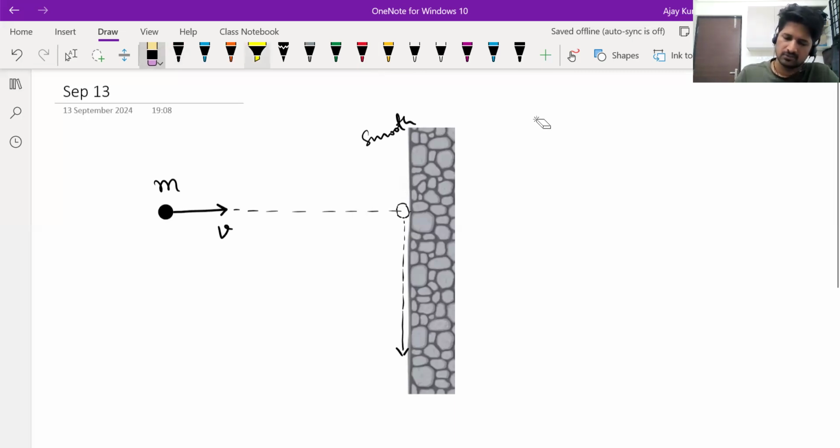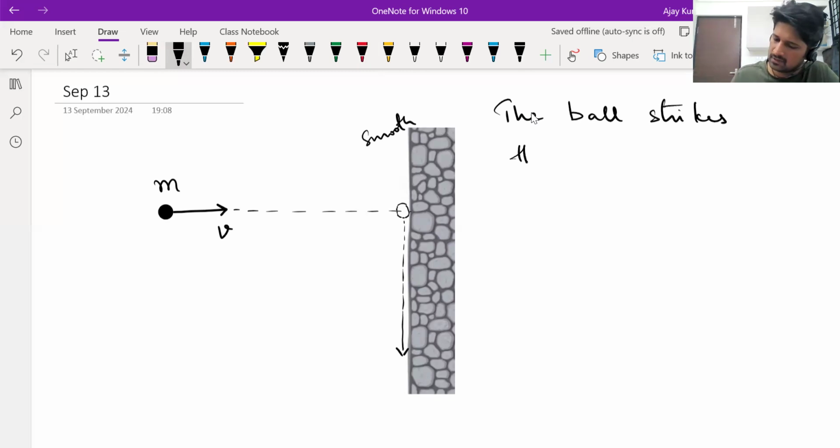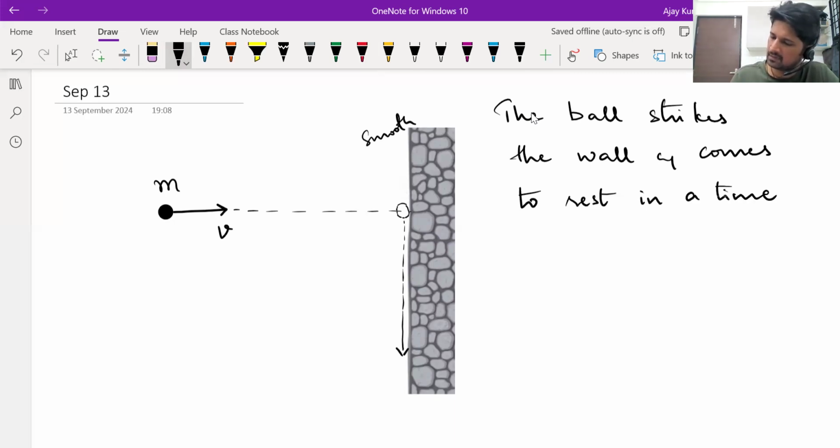So you can assume something like this. The ball strikes the wall and comes to rest. Let's say all this happens in a time delta t.